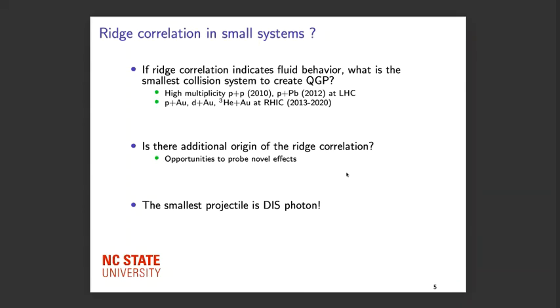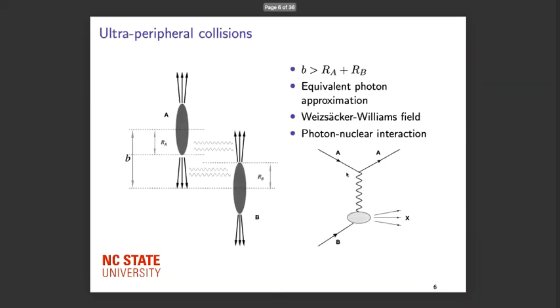Now, if we go to extreme conditions, the smallest projectile is a DIS photon. We can go to Q squared as high as possible, as permitted by the experiment. We don't have the electron ion collider yet, but we do have a prototype, which is the photon-nuclear interaction from UPC.